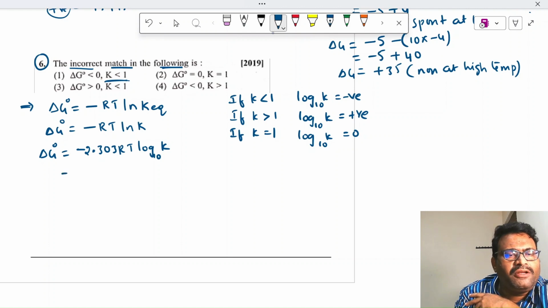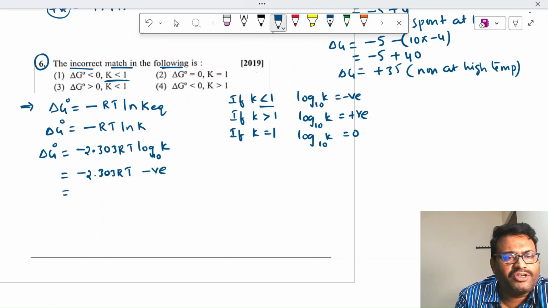So let us take here, if K is less than 1, log K will be negative. If it is negative, minus 2.303 RT, negative into negative gives you positive. So delta G naught will be positive, which means delta G naught will be greater than 0.